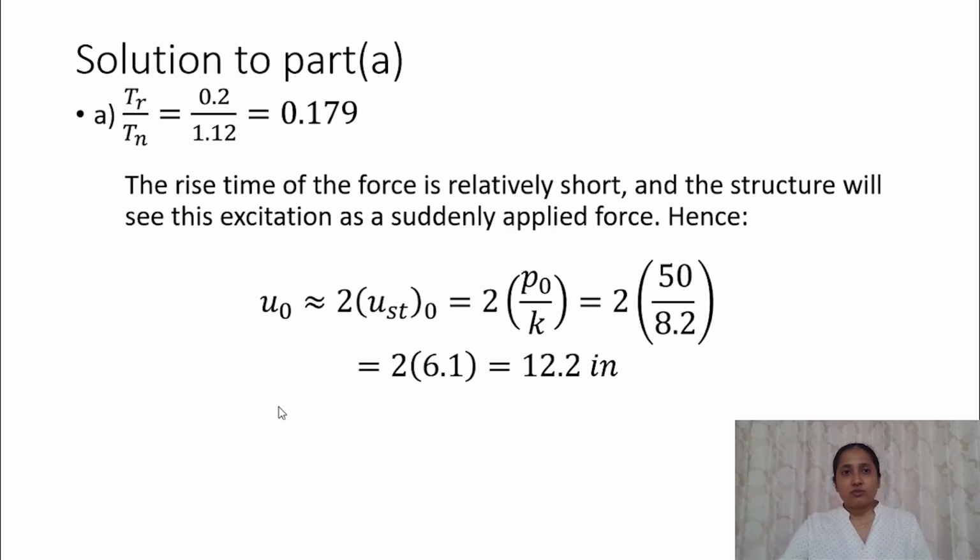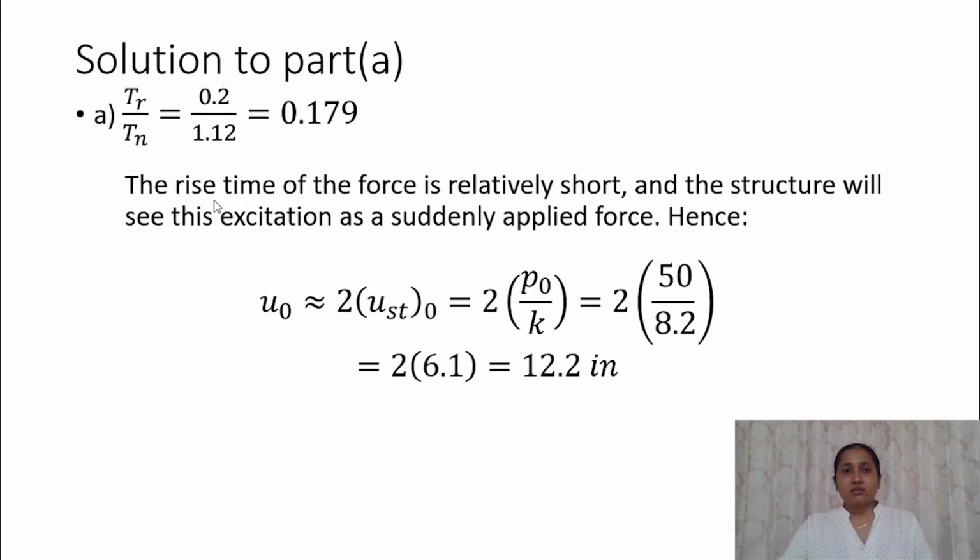So to solve this, we can find out the ratio of the rise time and the natural period. So in the first case, it is 0.179. So that means compared to the natural period, this rise time is very low.